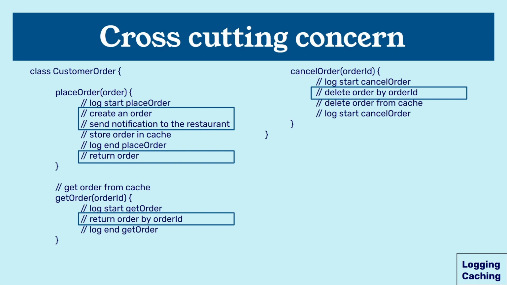So this part of the code, which is not related to the business logic, is called a cross-cutting concern. And this addition of cross-cutting concerns makes the methods more diluted, and we will not have a specific implementation, but rather a mixture of both the business logic and the cross-cutting concern information.